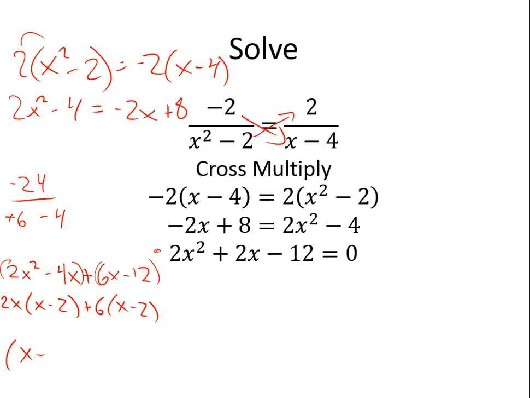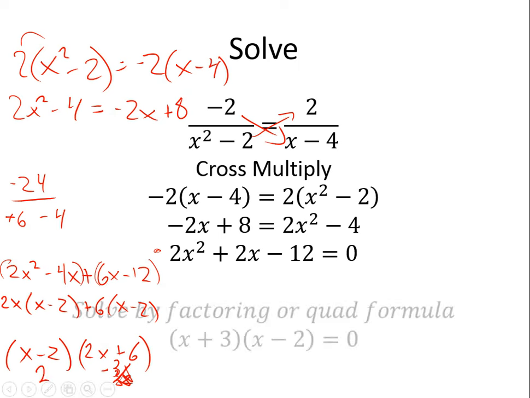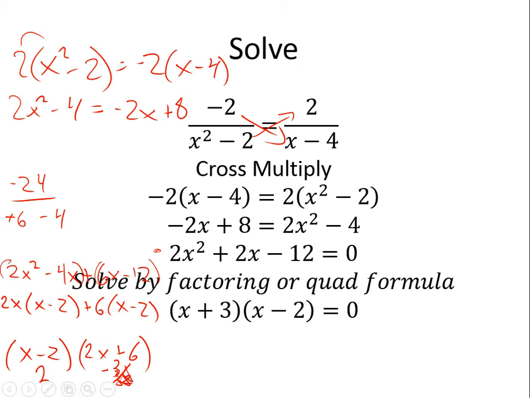So it looks like x minus 2 and 2x plus 6, which gets you negative 3 as one of your answers, and a 2 for your other one. Or by using the quadratic formula, either one.